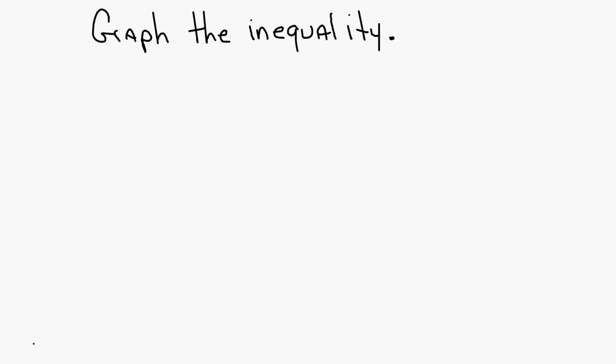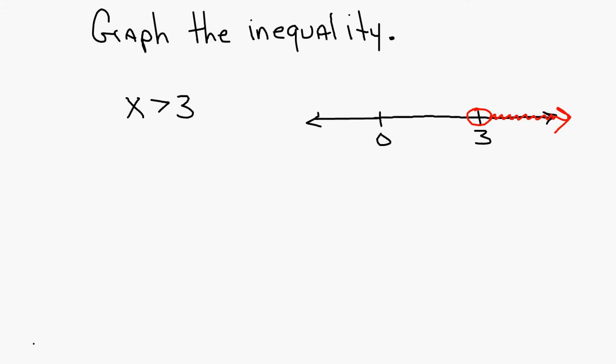So if you've got the graph x is greater than 3, the graph of x is greater than 3 is a number line with 0 on it and positive 3 on it. Now, since this is greater than, it's an open circle. And you're graphing everything that is greater than 3. So that's everything out here to the right of 3. So there's the graph of your inequality, graphing all the values greater than positive 3.